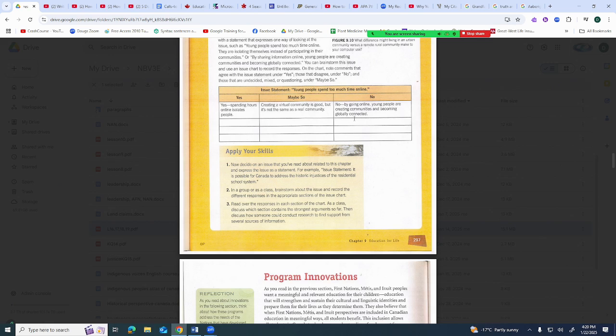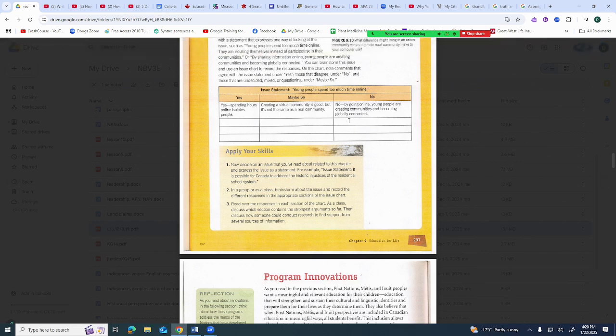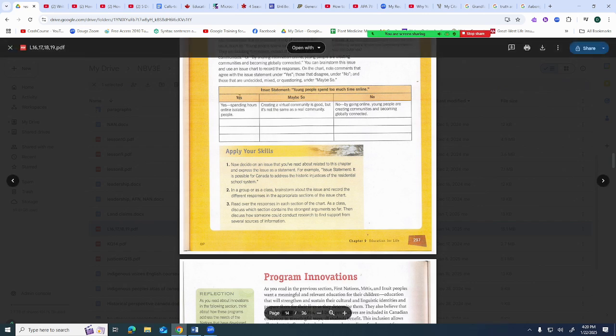And then you can come up with ideas on why it is better that young people spend at least as much time as they can online right now, or maybe more, right? So it's two sides of the coin. We have the positive and the negative.